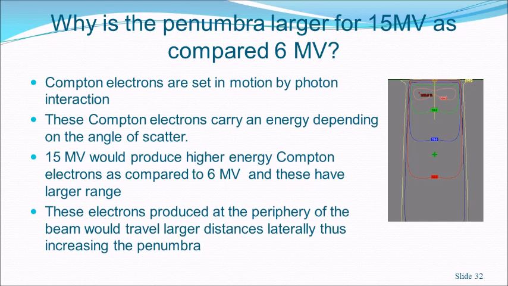If a Compton electron is set in motion somewhere here by a 15 MV photon, then that Compton electron will have a larger range and will travel a little longer distance compared to an electron set in motion by a 6 MV beam. So naturally, because of the larger electron track, 15 MV will have a larger penumbra compared to the 6 MV beam.